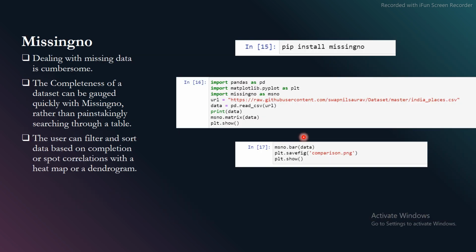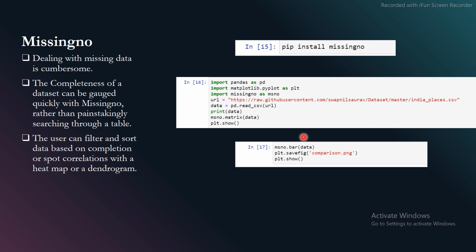Okay. So then comes the missing numbers. It's quite interesting, the missing numbers. So if you have huge data, let's say you have 20 such features in your data set. Now you want to know whether some missing data is there or not, and how many rows are blank. In that case, this missing number can deal with the missing data.